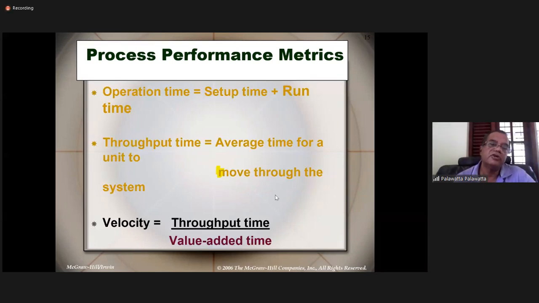And then the concept of velocity equals throughput time divided by value added time.